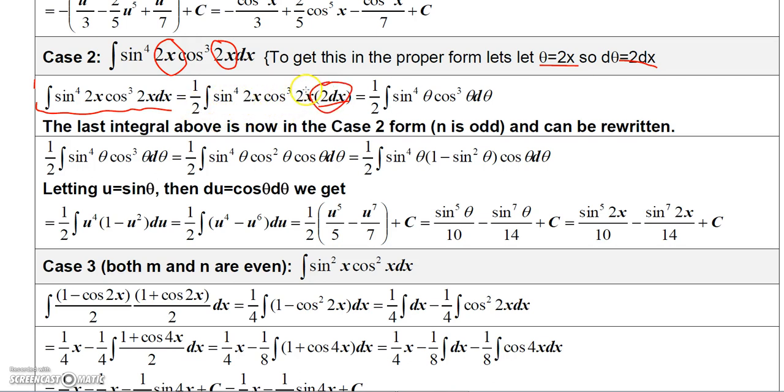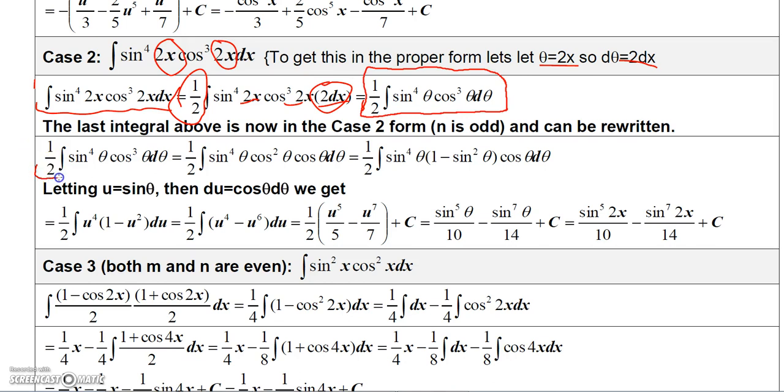And if you multiply the inside by 2, you have to counteract that by multiplying the outside by half. So now I can replace the 2x here and here with theta, and replace this with d theta, and I'll get 1/2 times sine 4th theta times cosine cubed theta d theta.